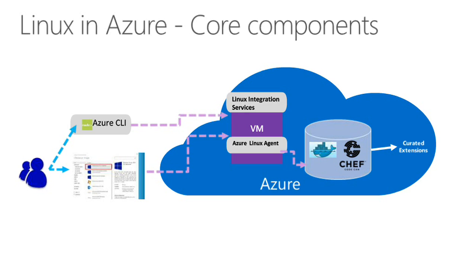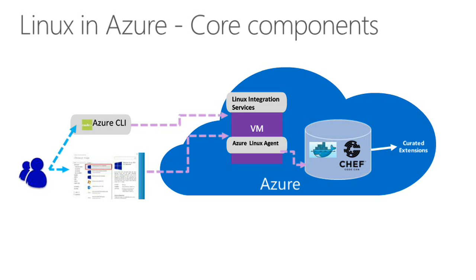One of the key things you want to make sure of, if you are running a Linux workload or an open source workload, is that you have the right version of what we call the Linux integration services. Think of these as the drivers that you need in order to get ideal performance running on Azure virtual machines. And I'll talk about this in a bit more detail.